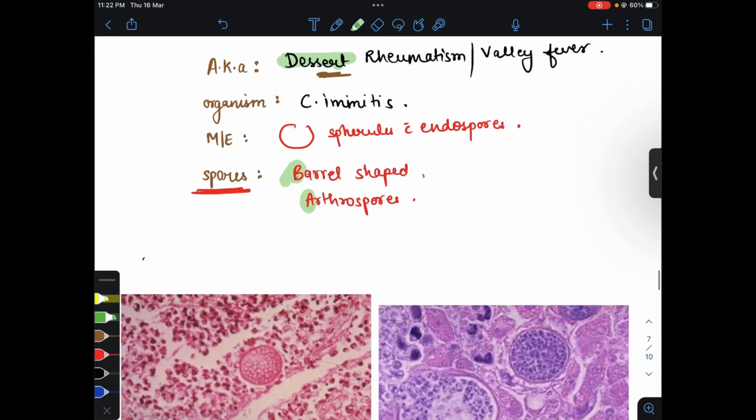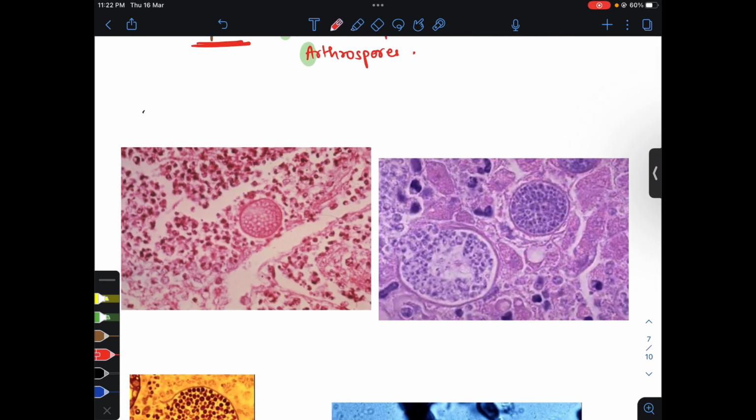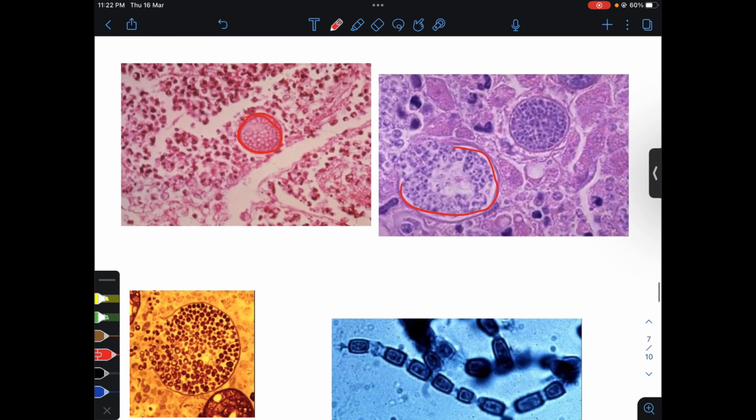Now what kind of image will we see? As in this image, a spherule with endospores will be seen, and this one is thick walled with small uninucleate endospores inside it, as we can see here, and here also.